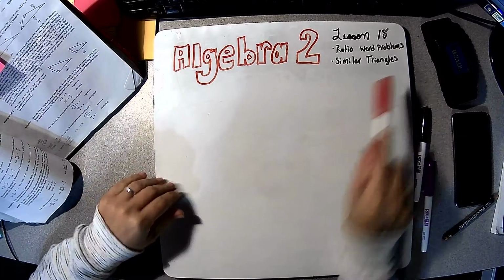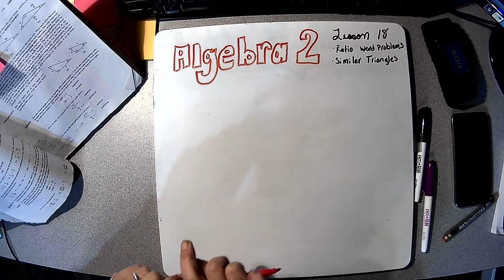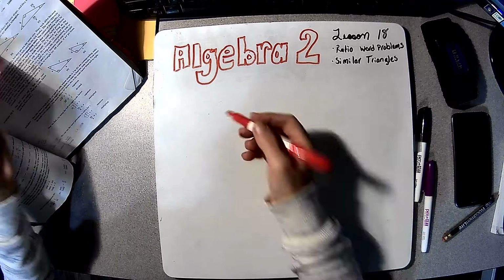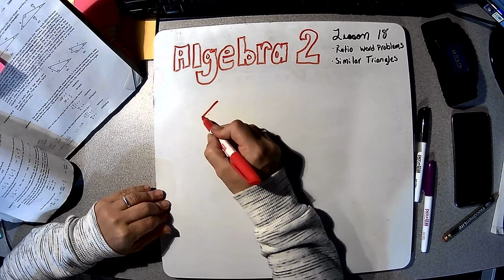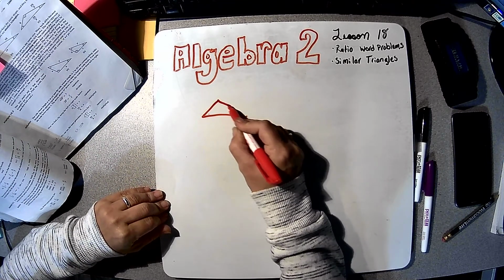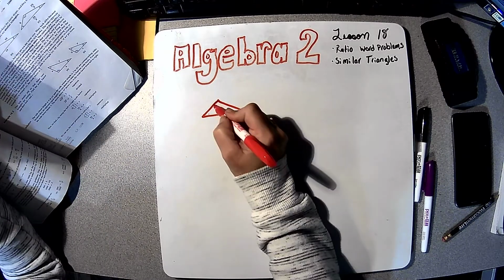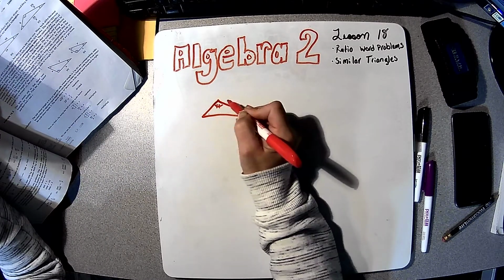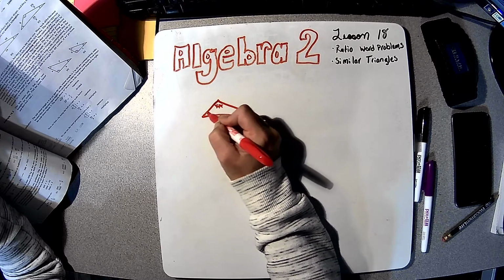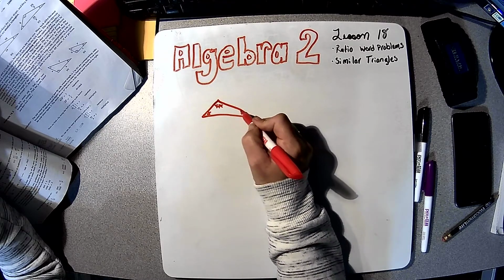The next part is similar triangles. All right, so if we have two triangles whose angles are all the same, but they're different sizes, these are triangles that look the same. So this one has 3 tick marks, and there are 2 on that one, and this one has 1.